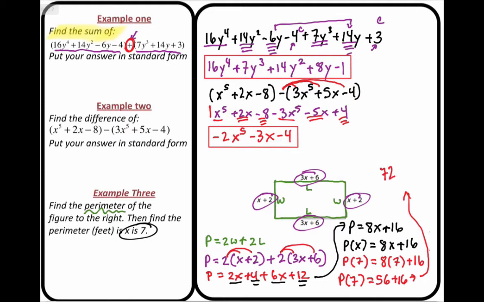And since it said that this is feet, I'm going to put some feet on that. And so it looks like the perimeter when x is 7 is going to be 52 feet. 72 feet, sorry about that. And so, yeah, that's how you do that. And we're going to be building functions based on perimeter and evaluating them, and later on some area stuff in units to come. So, on to the last example.